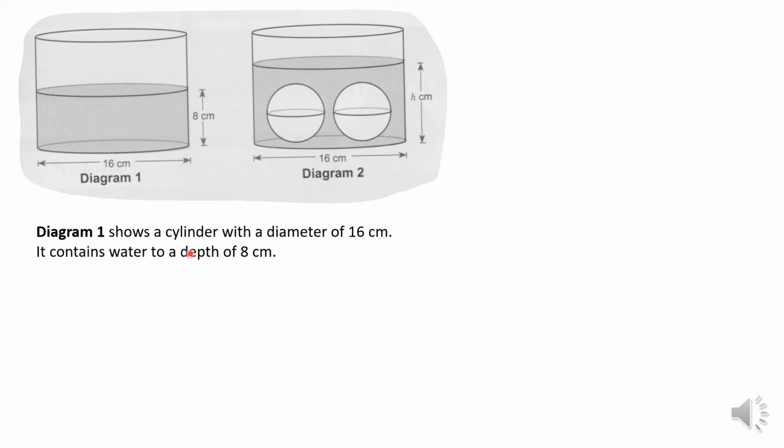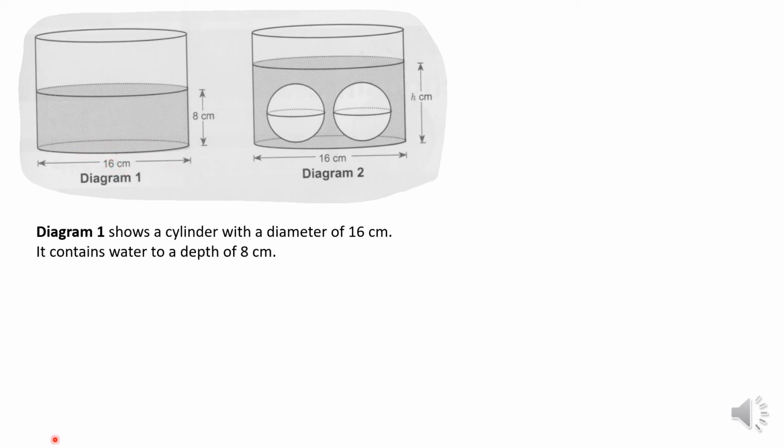What you're seeing there is that diagram 1 shows a cylinder. The diameter is 16 centimeters, and this is very important, because one of the things I always say to students is that when a question involves the diameter and requires you to calculate with the radius, you will have to find the radius by dividing 16 by 2, and that radius will be 8.